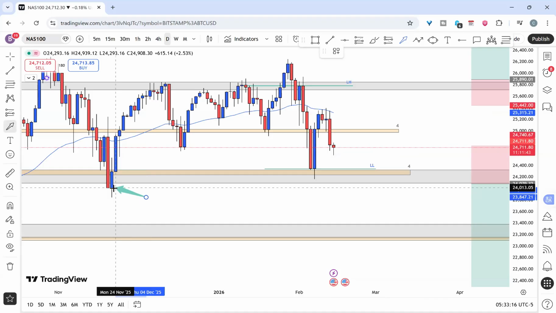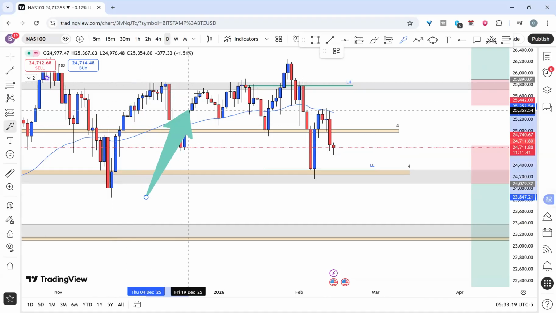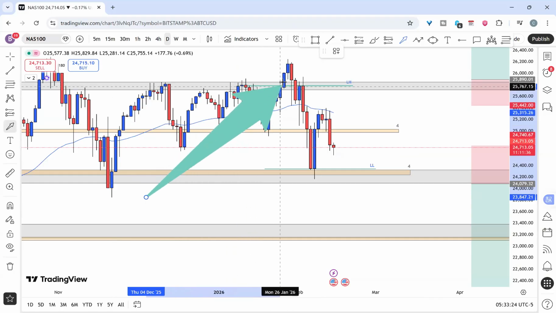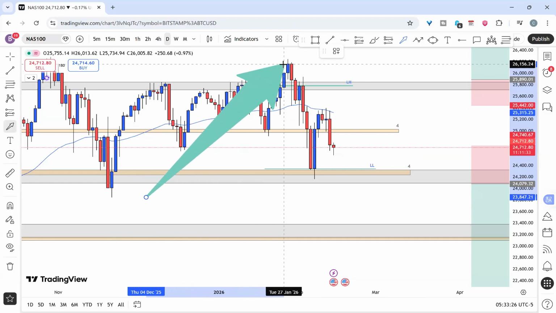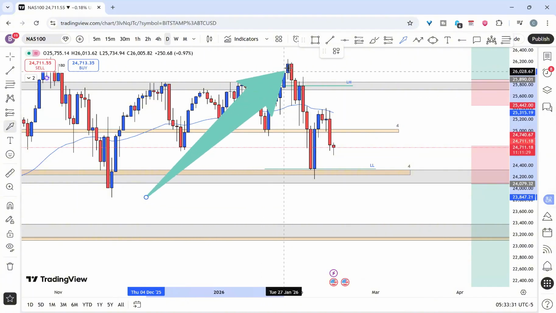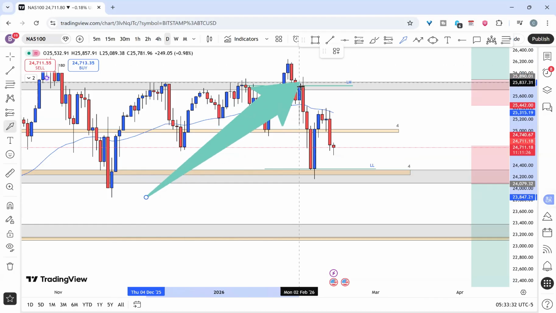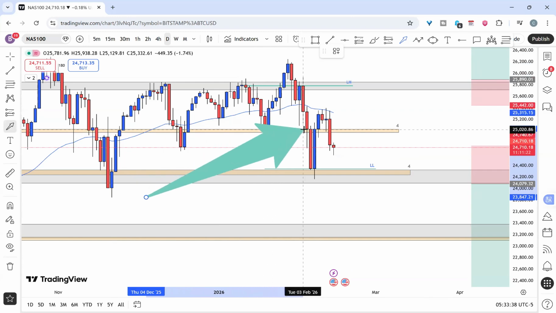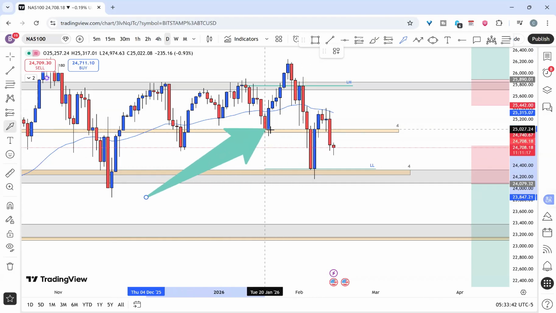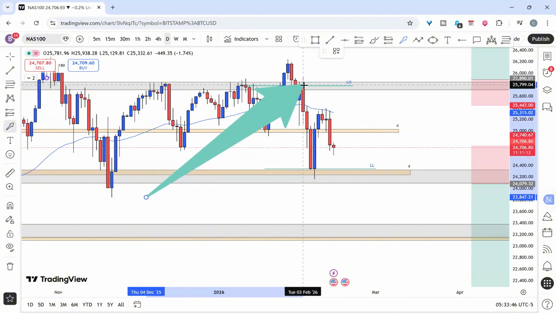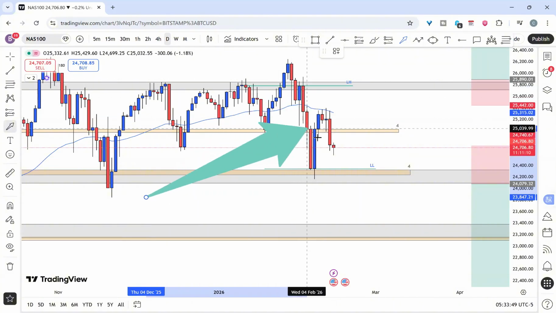Because we have here the higher low, the higher high, the higher low. It couldn't really go up further. And right over here, it did break through. Then we supposedly have the higher high, and here's the higher low, right? So it's supposed to be a bullish trend. However, it didn't come further up. So on the right-hand side, these candles broke through the higher low, and now we are at the bearish trend.